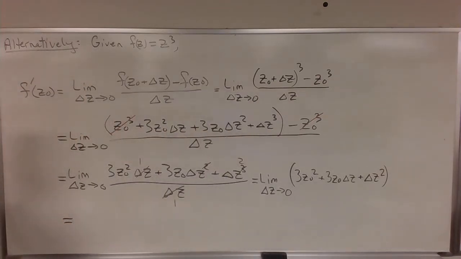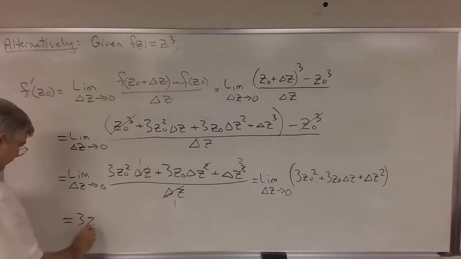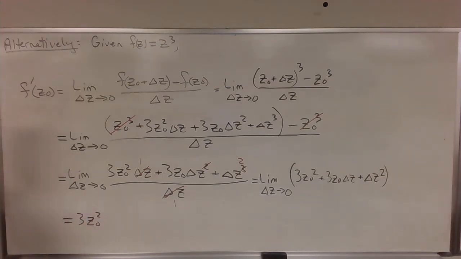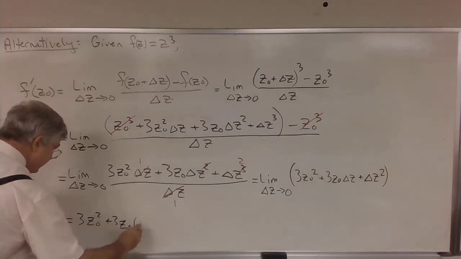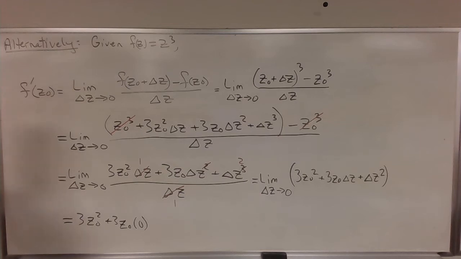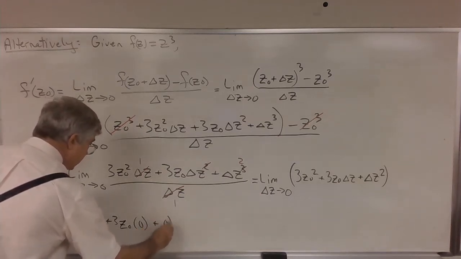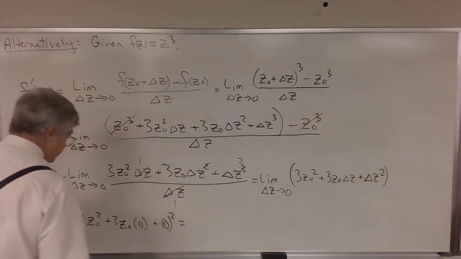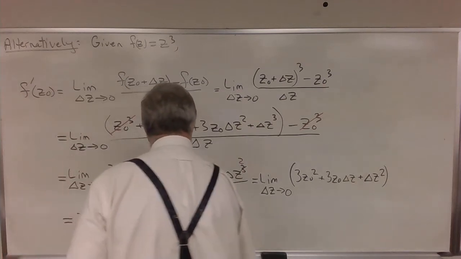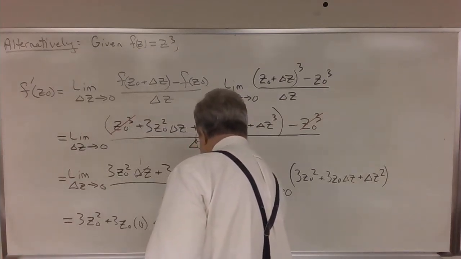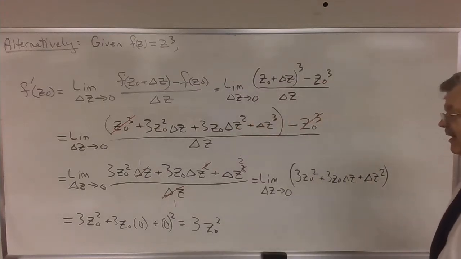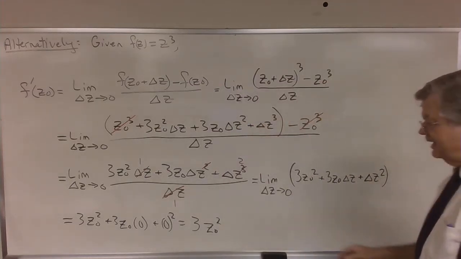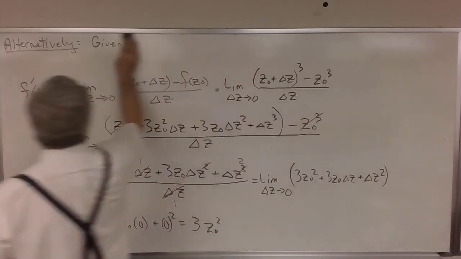That's because a polynomial is a continuous function. So we get the derivative again, 3z naught squared.